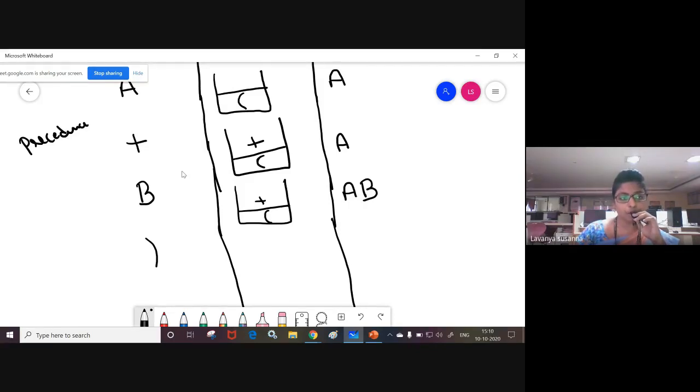Pop means delete. See, in a stack you can delete only the last inserted element. Last in first out, only the topmost element you can delete. So delete elements one by one and add them to the postfix array.